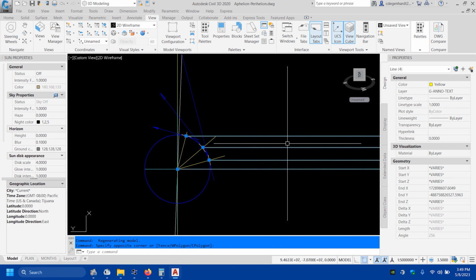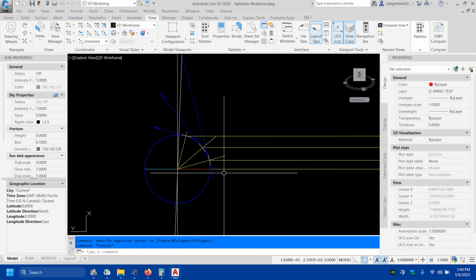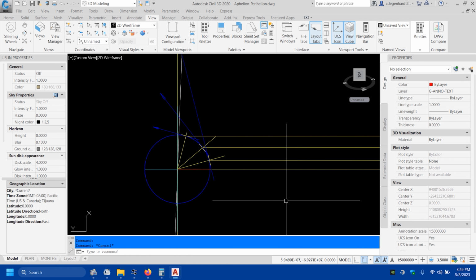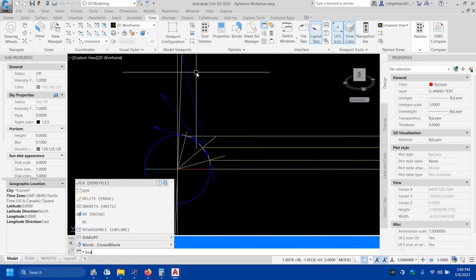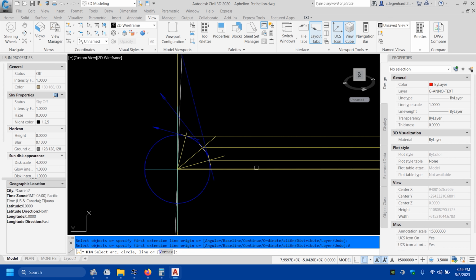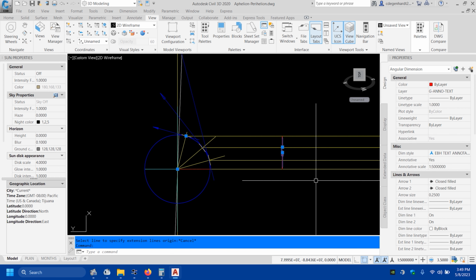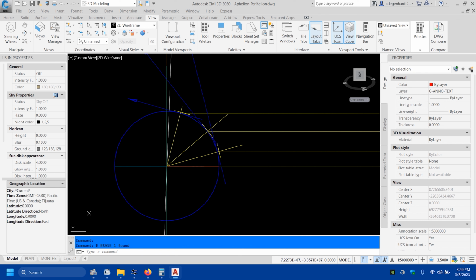So we can definitely tell how the sun is, that's 0. I go dimension, the sun's rays are at 0. So we'll see if I get 51.